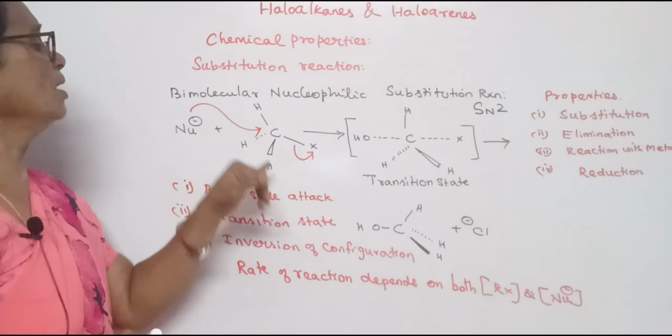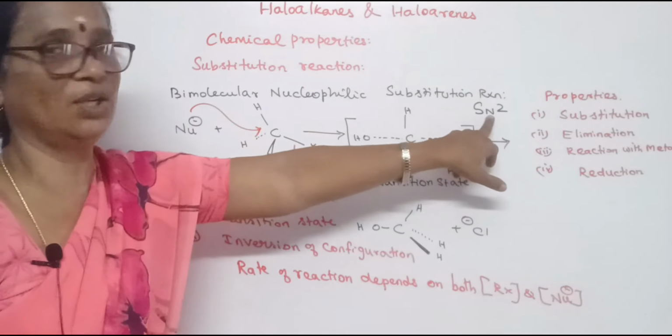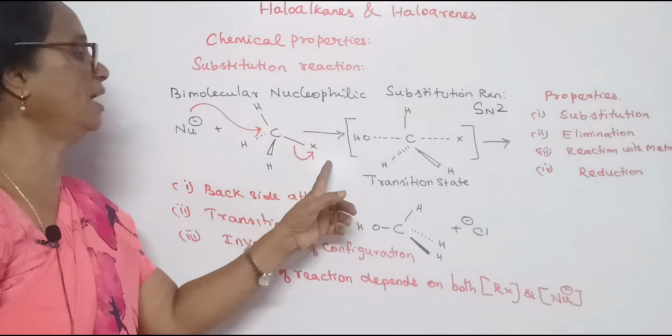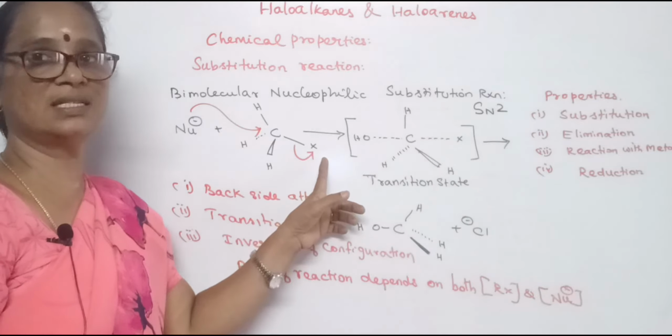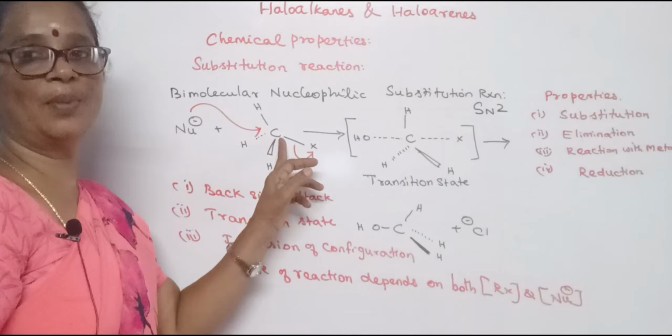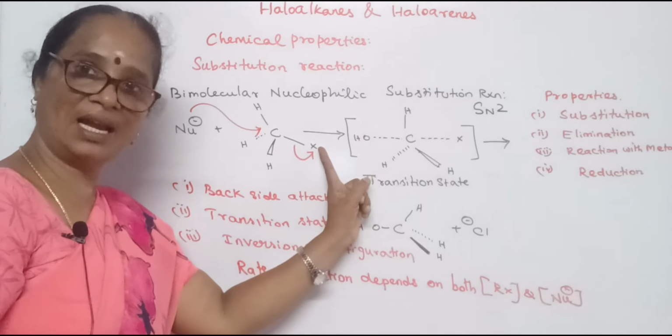Now, this primary alkyl halide is taken for the SN2 reaction. The simplest halide, CH3X, methyl halide, is taken, to which a nucleophile approaches the carbon from the side opposite to that of the halide ion.